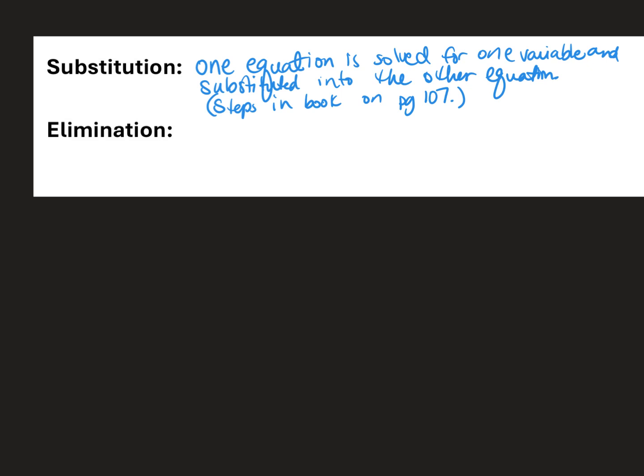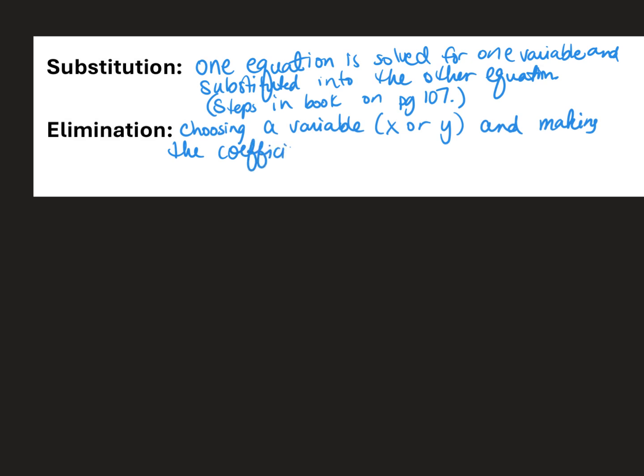And then the definition for elimination is choosing a variable, x or y, and making the coefficients the same but opposite.